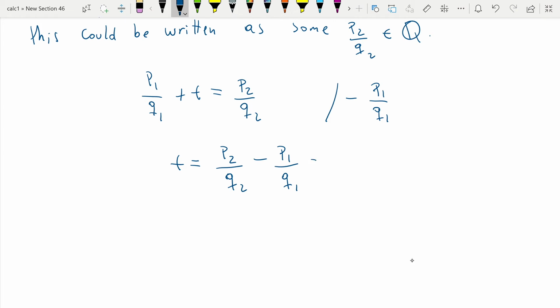and we could actually just cross multiply here, but I want you to pay attention to something. This is how we reduce it to the previous case. So this is P2 over Q2 plus minus P1 over Q1.